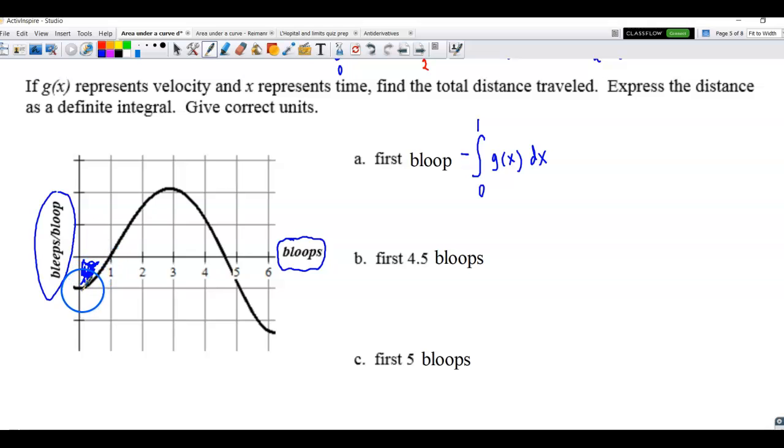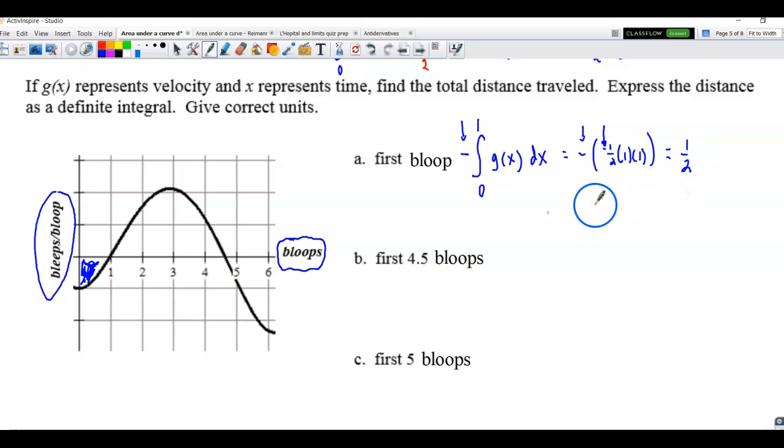Again, that region looks to me to be triangular enough to say half base times height, so that's going to be the opposite of negative half of 1 times 1. This negative is here because we are accumulating area below the x-axis. This negative is going to negate that so that I get distance traveled versus simply change in position. So that'll give me 1/2.